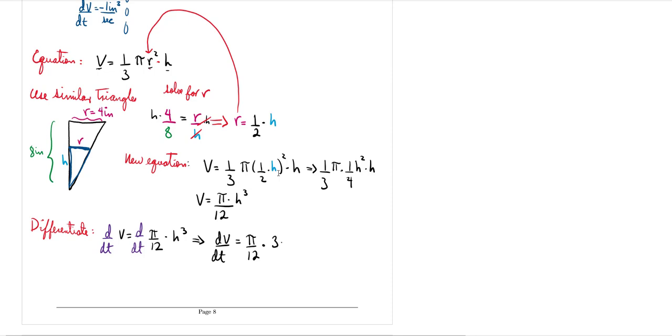That's going to be 3h squared, but because it's implicit differentiation, I'll also have here the dh/dt.